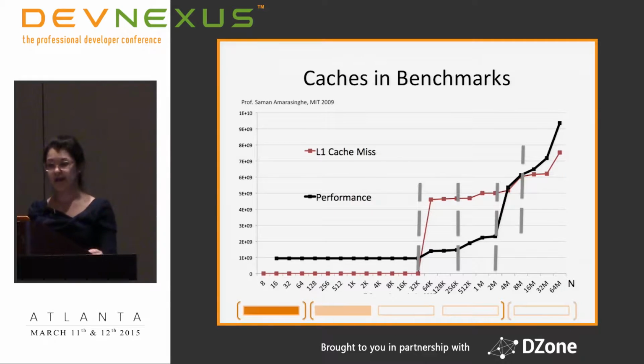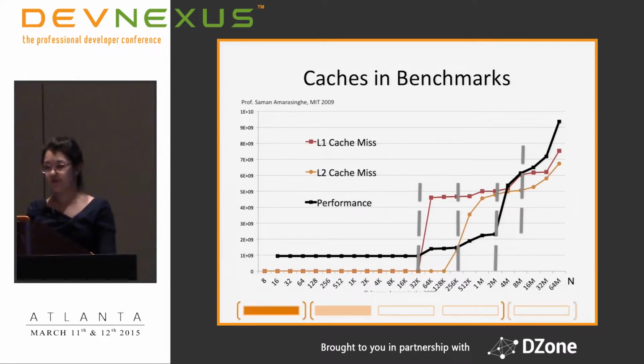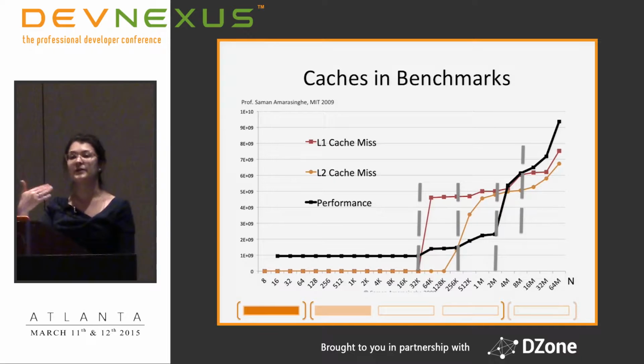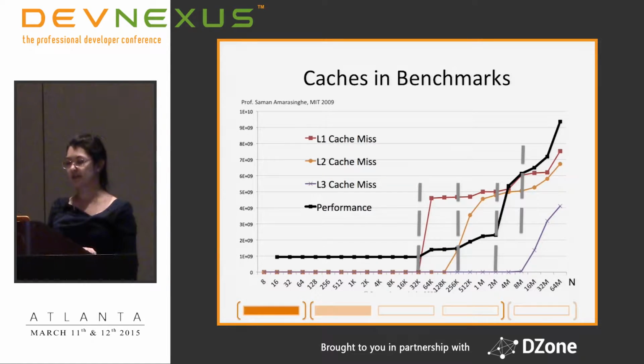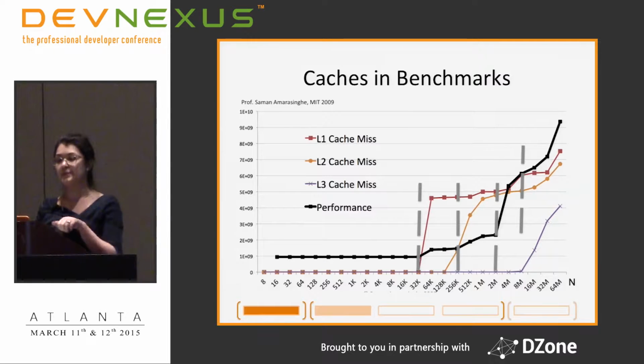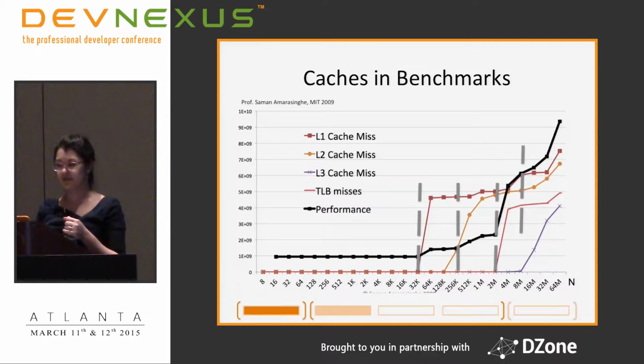All of the data fits into L1 cache. Between 32,000 and 128,000, we'll start missing L1 cache, and it's dominated by L2 cache access times. When we have over 8 million elements, the performance will be dominated by L3 cache effects. And the small artifact you see in between is actually due to translation lookaside buffer misses. So it's important to remember here that we're accessing one particular cache level depending on the size of data that we have.